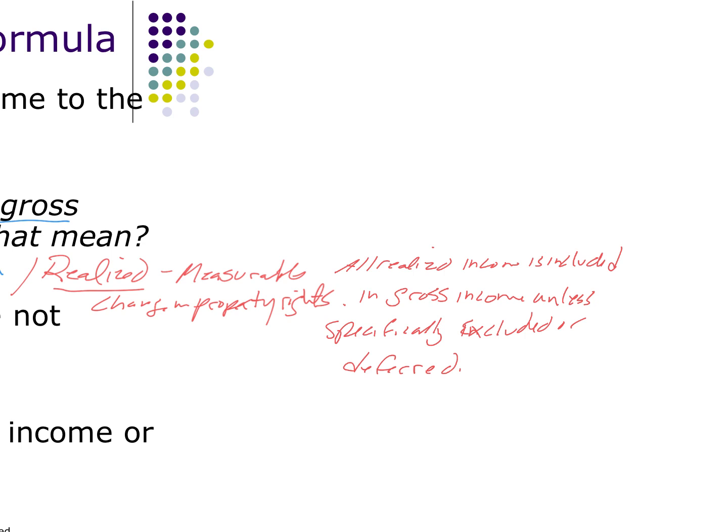Okay, so measurable change in property rights, and all realized income is included in your gross income unless it's specifically excluded or deferred.